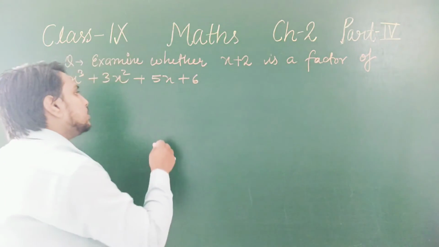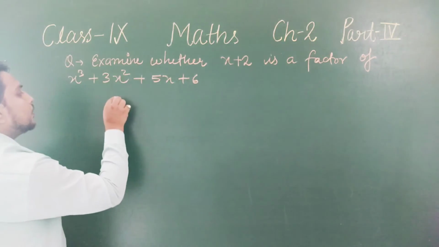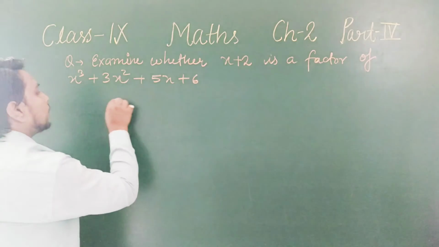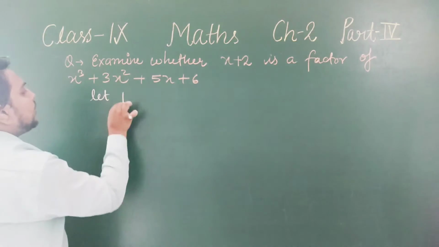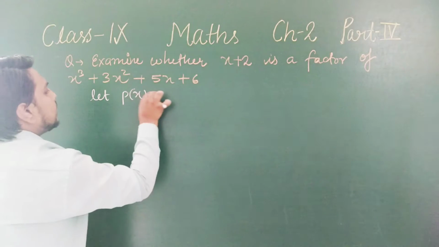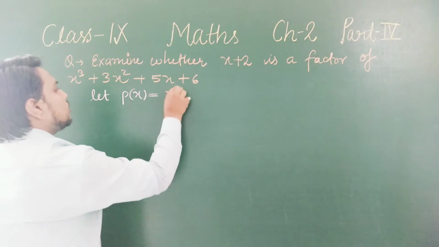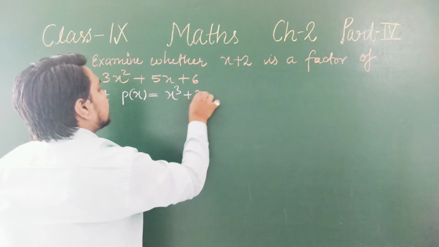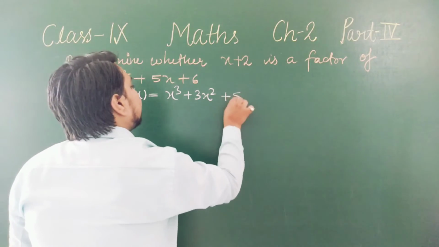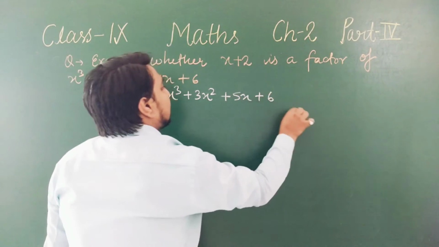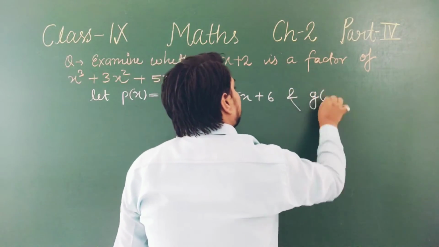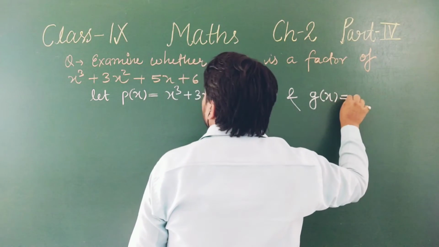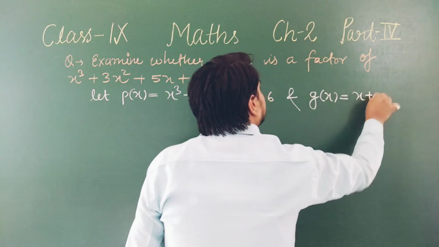Here the divisor is x plus 2. So let p(x) be equal to x cube plus 3x square plus 5x plus 6, and the divisor g(x) is equal to x plus 2.